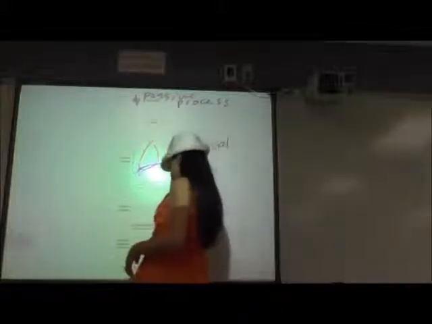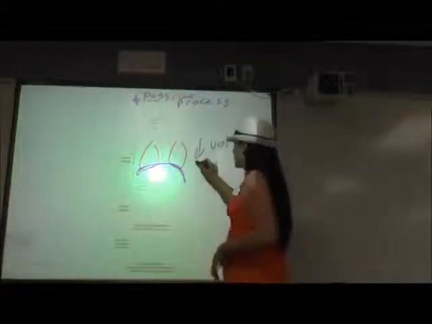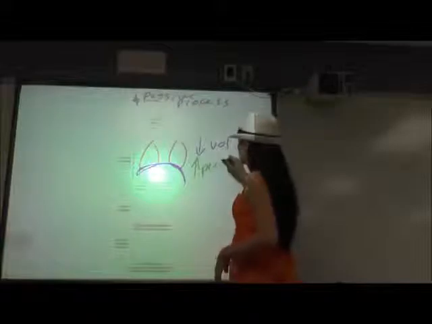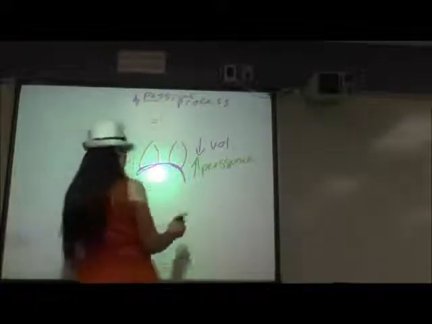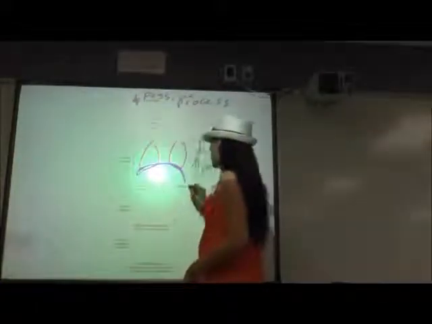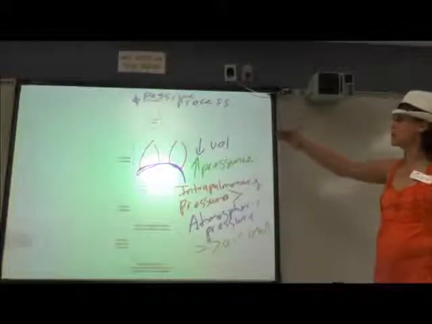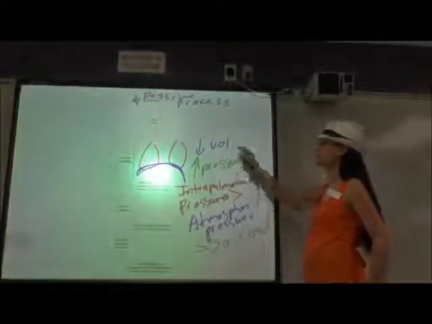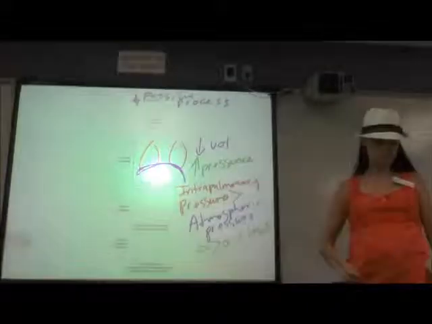So what happens to our pressure? We're going to increase the pressure. So now, intrapulmonary pressure will be greater than atmospheric pressure, and air will flow out. So as we decrease the volume in the lungs, we increase the pressure on the air in the lungs. So intrapulmonary pressure will exceed atmospheric pressure, and air will flow out.